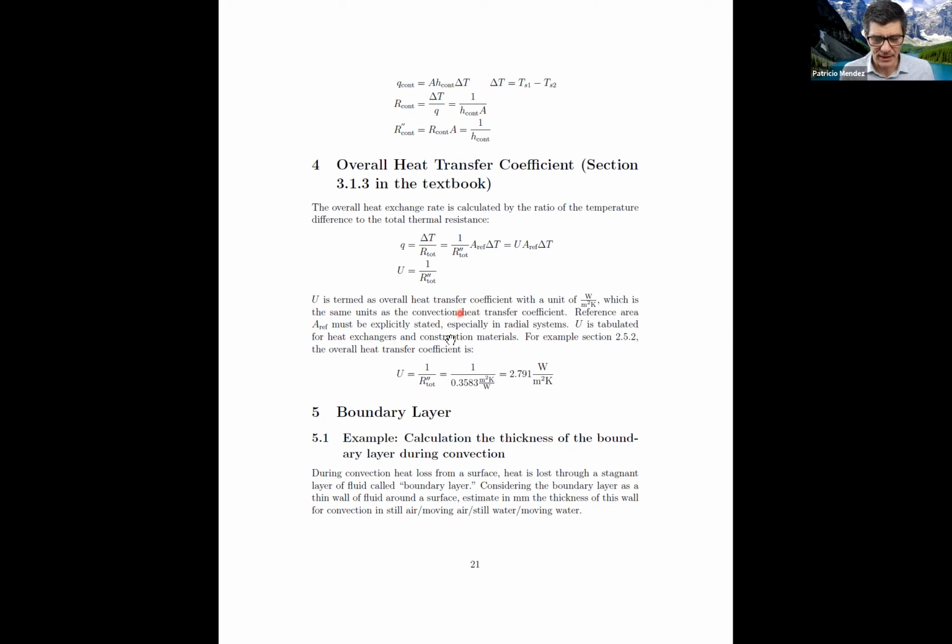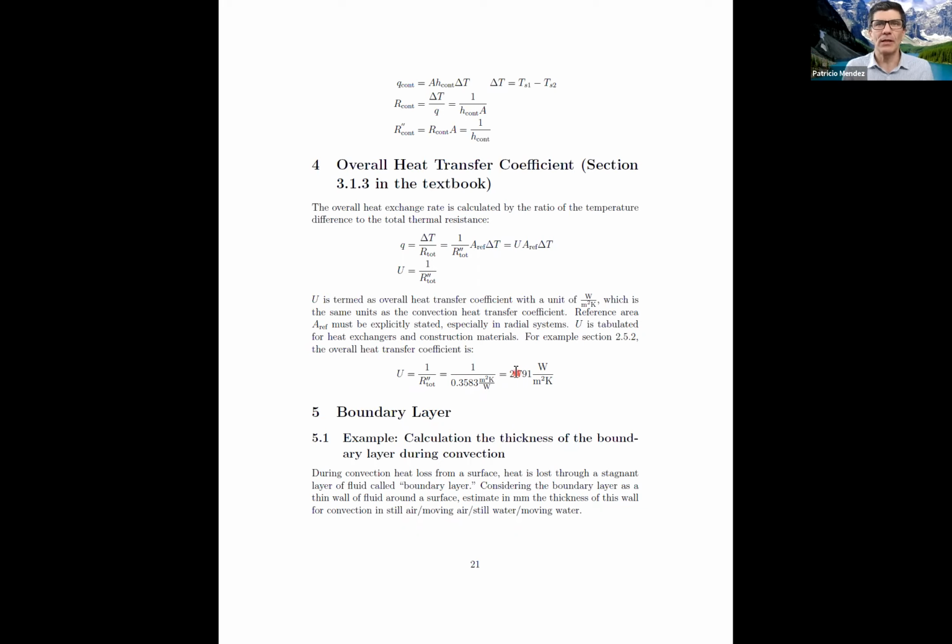So for the case of our wall, the overall heat transfer coefficient would be this one, U, 1 over R total, 2.791. The units of the overall heat transfer coefficient are the same units of the convection coefficient, watts per meter square Kelvin. And in reality, this is kind of like a generalized convection coefficient.